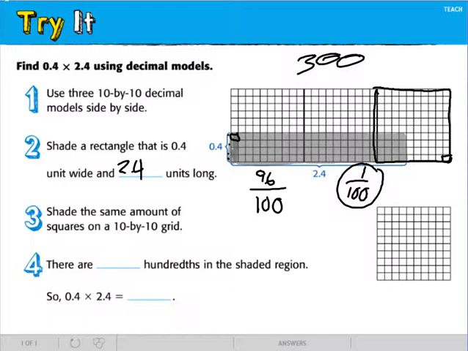Now, it says shade the same amount of squares on a 10 by 10 grid. So here's our 10 by 10 grid down here, right? So it's telling us to shade in our 96.